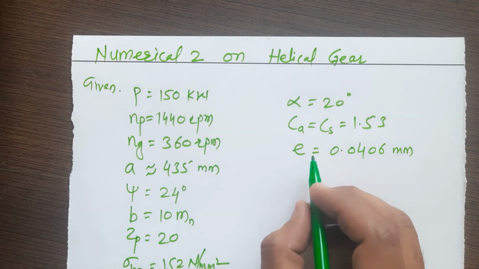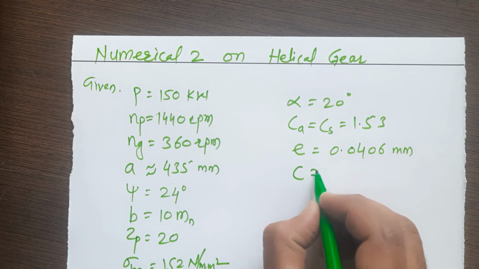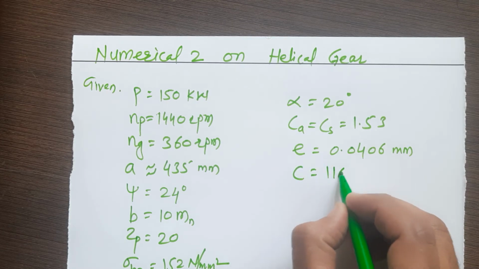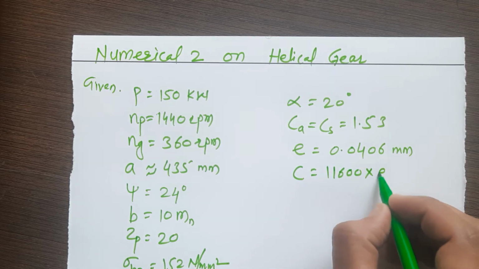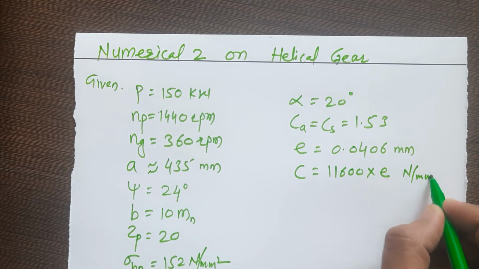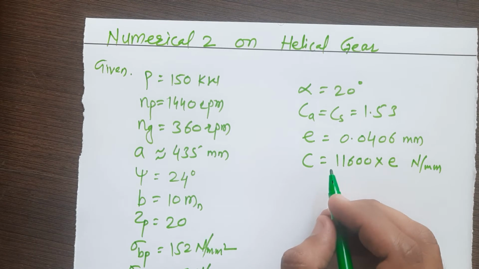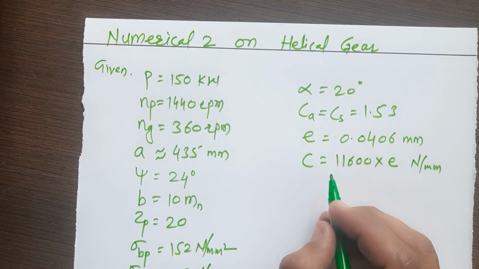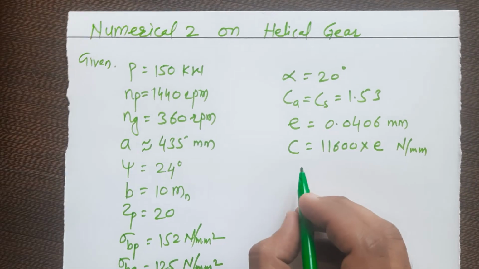The deformation factor is 11,600 into small e Newton per mm. Assuming the dynamic load is accounted for by Buckingham's equation, calculate.